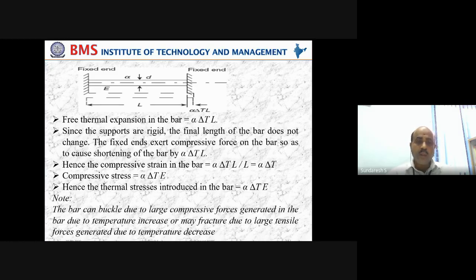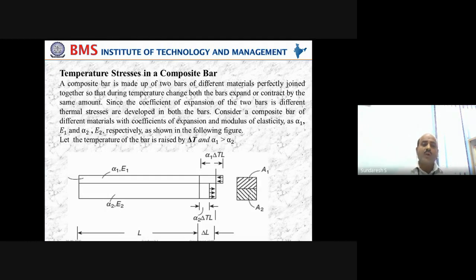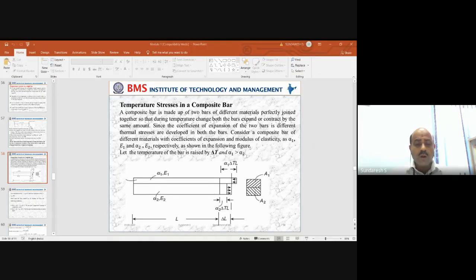In today's class, let me take you through the most important concept, temperature stresses in a composite bar. We discussed a bar undergoing a change in temperature.